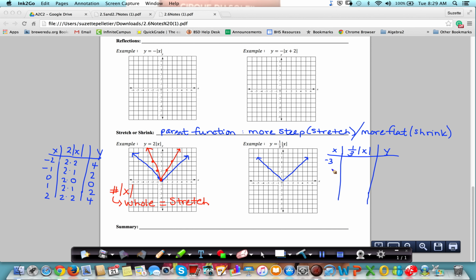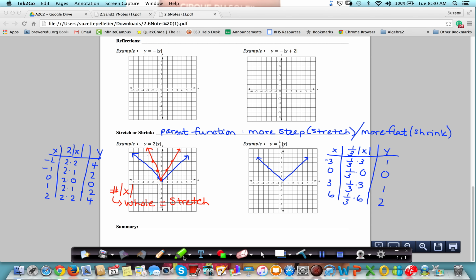So I'm going to do -3, 0, +3, and then maybe 6 as well, and then I can always mirror it for -6. So absolute value of -3 is 3, and 3 times 1/3 is 1. Absolute value of 0 is 0 times 1/3, sorry, is 0. Absolute value of 3 is 3 times 1/3 is 1. Absolute value of 6 is 6 times 1/3 is 2.